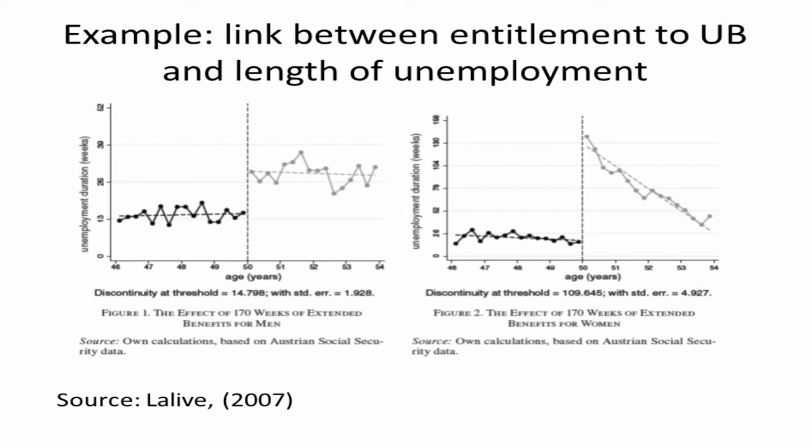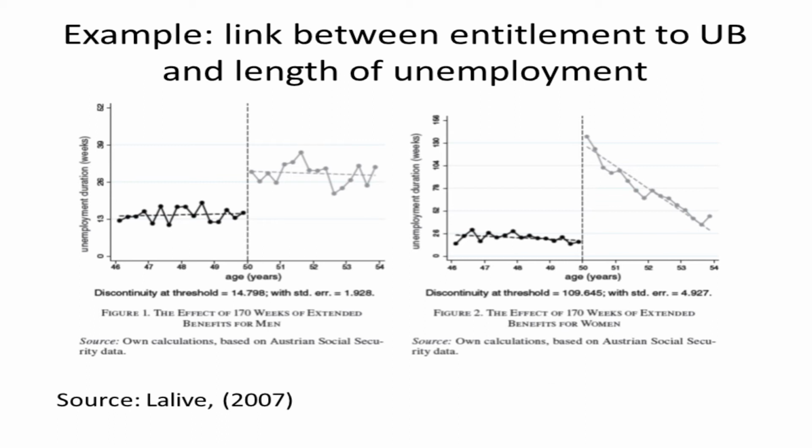You can see it's only 5 years old in the literature, but this is still one of the important papers in economics using this design. So what's this particular paper? This particular paper is trying to work out what's the link between how long you're allowed to claim unemployment benefit and the length of time you spend unemployed. Now in the UK you get unemployment benefit for 26 weeks, no matter who you are, but in other countries they get much longer.